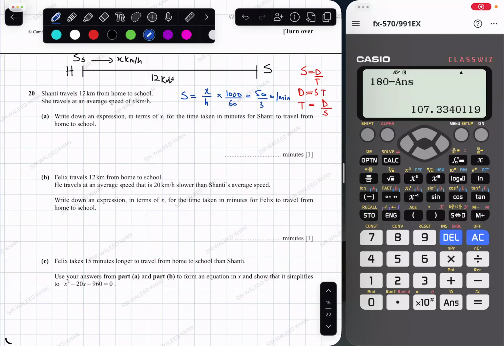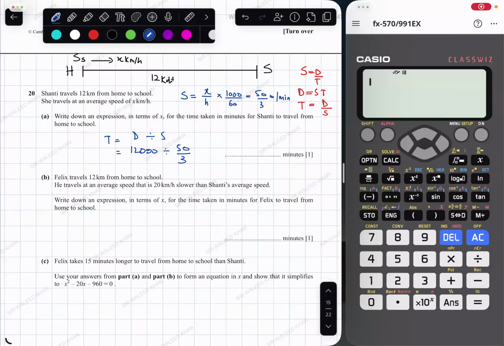Now we have 12,000. Time is equal to distance divided by speed. So distance is 12,000 meters divided by 50x over 3. Okay, I can use a calculator. Oh, we have to write an expression.